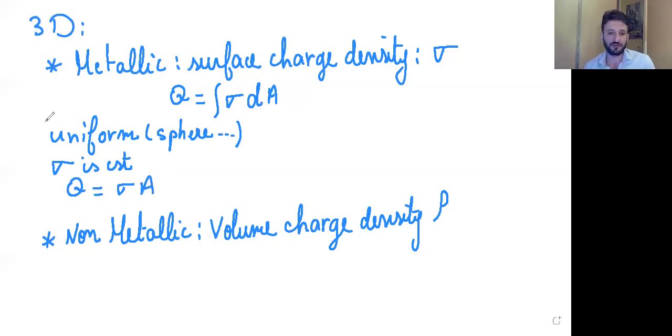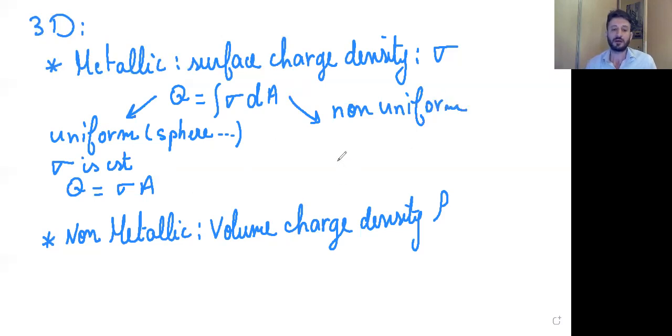In the case of a non-uniform object, if the object is not symmetric, this one is symmetric, okay? In the case of a non-symmetric object, imagine you have the same object, but it's like a rectangle, okay?